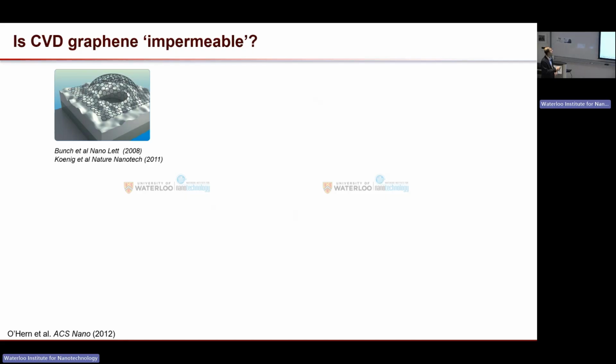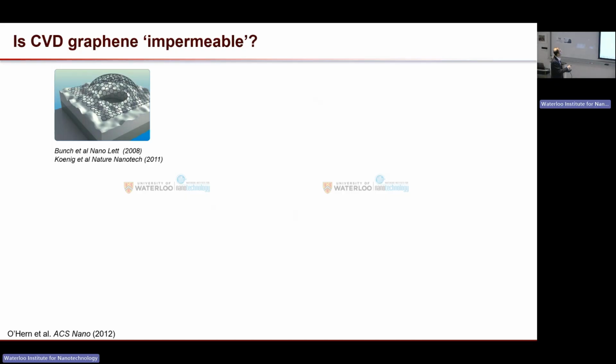But if there is permeability and the gases pass through the graphene, then the balloon, if it is under high pressure, is going to deflate over time. By looking at the shape of this, they were able to deduce that graphene is practically impermeable to all gases at room temperature conditions.